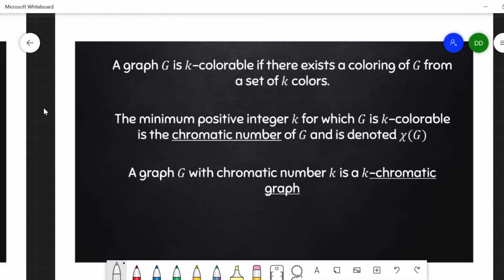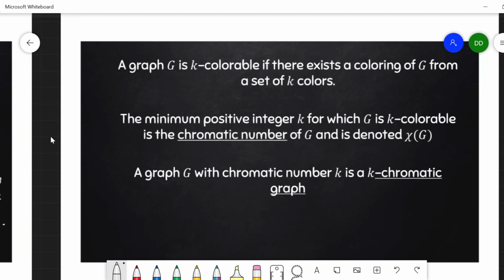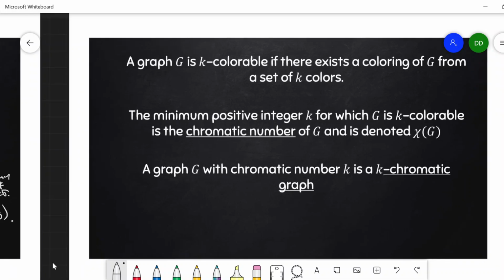So a few more definitions here. What were we doing in that last example? We were trying to find the smallest number of colors we need for a proper coloring. This is exactly what the chromatic number is. We denote it chi of G. It's the minimum positive integer k for which G is k-colorable. And sometimes a graph with chromatic number k we call a k-chromatic graph.